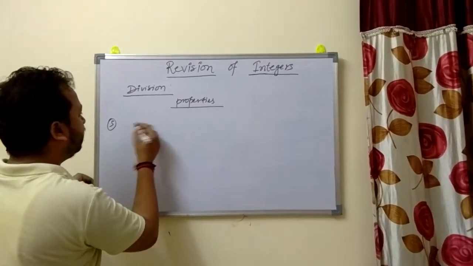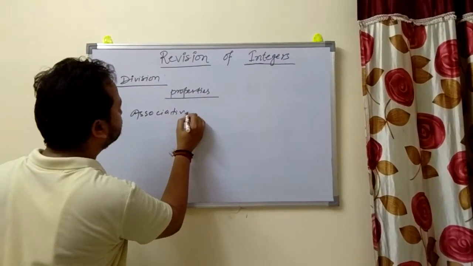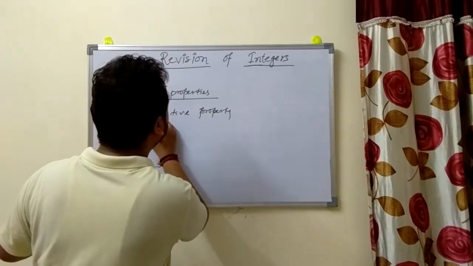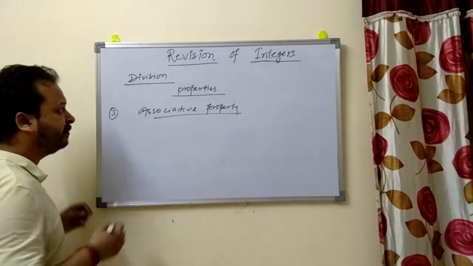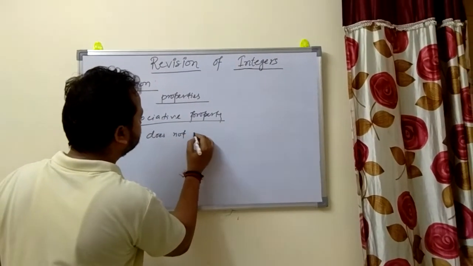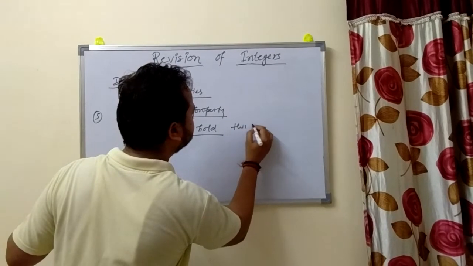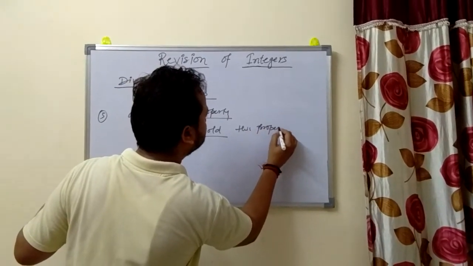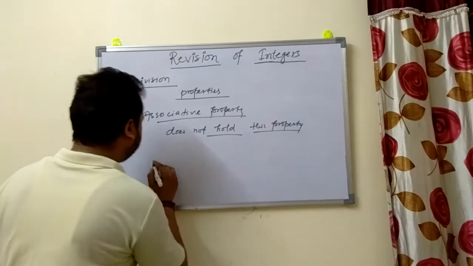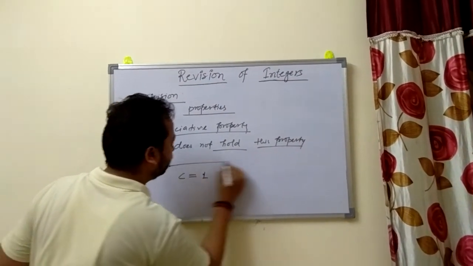Fifth property means associative property. Associative property means division does not hold this property. It holds only in that condition when c equals 1.